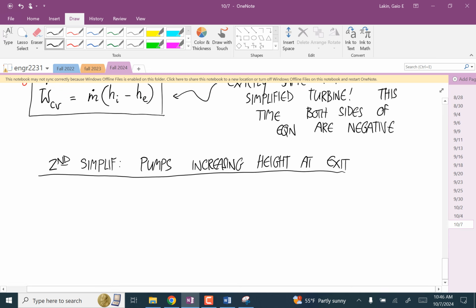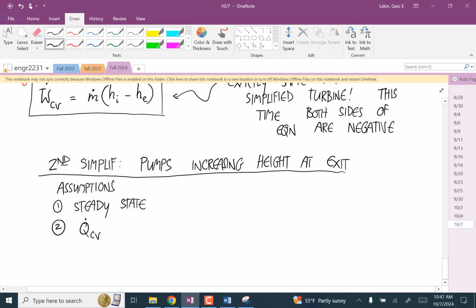And the assumptions we're going to make here are steady state. Again, we're going to assume steady state all the time, because if your devices don't eventually get to steady state, then they're going to blow up, something's going to go wrong. So everything needs to get to steady state at some point.